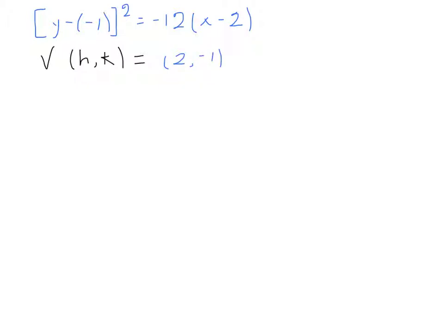Next, we need to identify our distance p, which is the same distance from the vertex to the focus as it is from the vertex to the directrix. So 4p in this case is negative 12, which means that p is negative 3. Now there are some things we need to also recognize about this parabola.